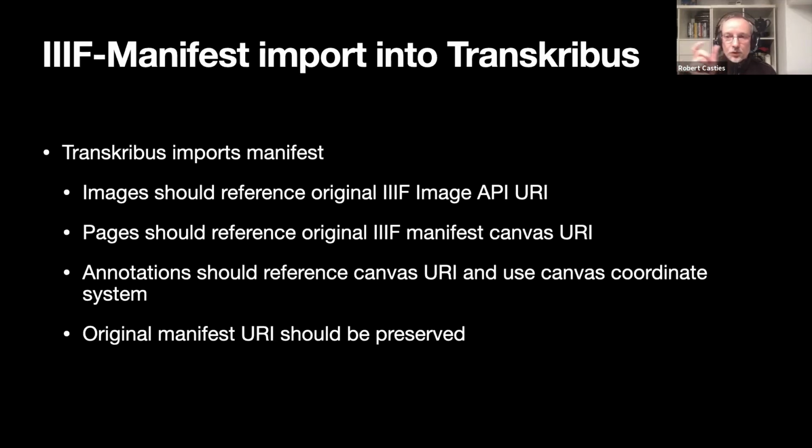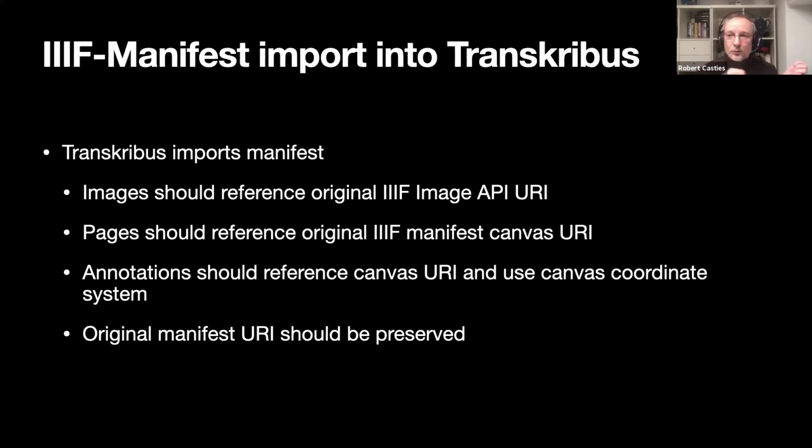We can talk about this later, but just to say that the canvas in IIIF Presentation is really the representation of the page, and it can have a different coordinate system and different resolution from the image service.